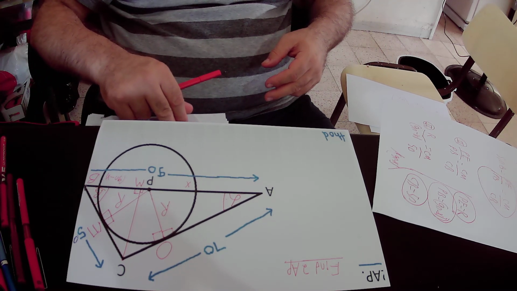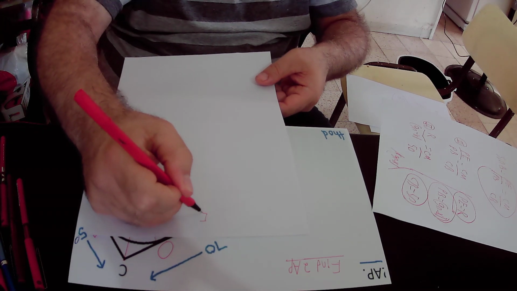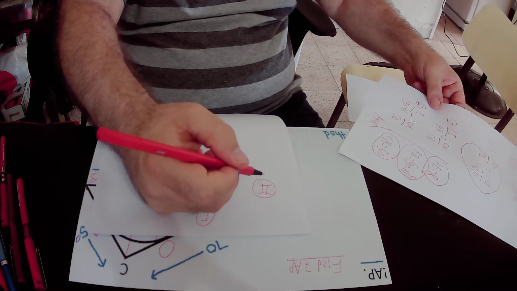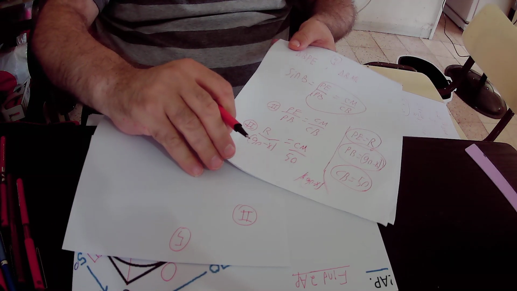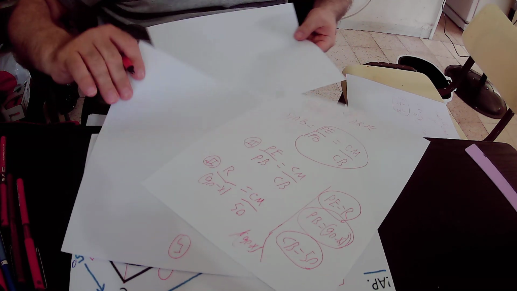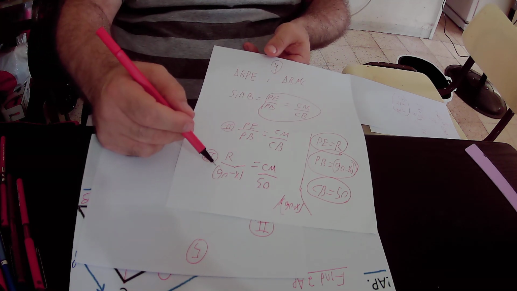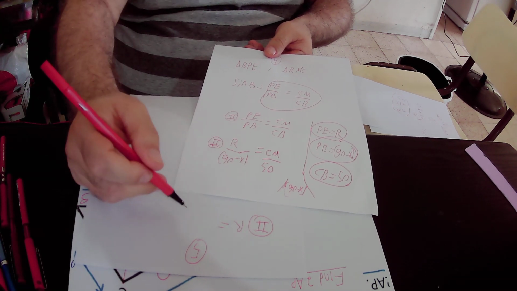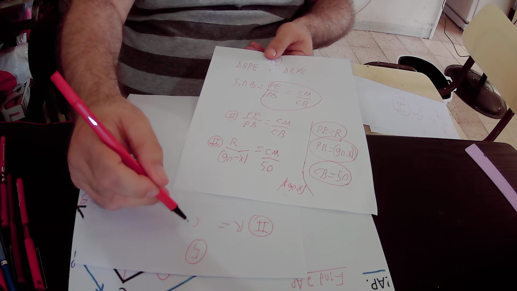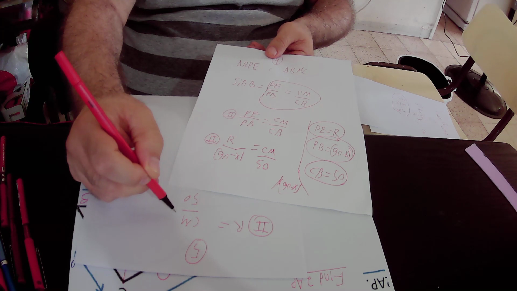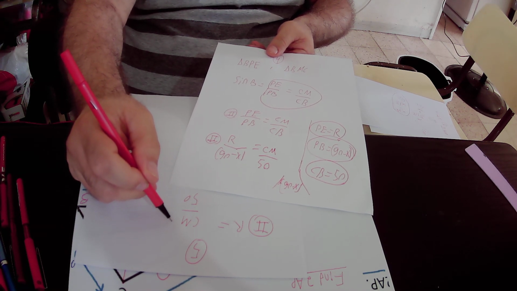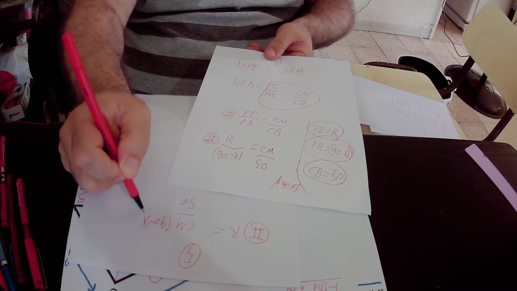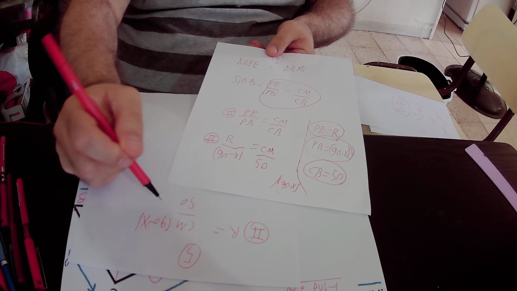So actually we will get that R divided by 90 minus x times 90 minus x equals R, and CM over 50 times 90 minus x equals CM over 50 times 90 minus x.